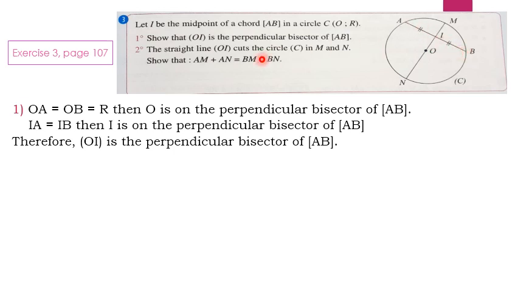Okay? Part 2. The straight line OI cuts the circle C in M and N. Here, OI, the perpendicular bisector, if I extend it, here we have point M and another point N. It's the point of intersection of this line with this circle.